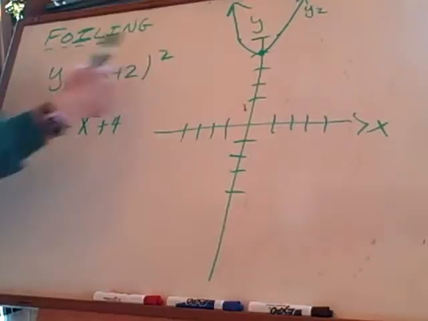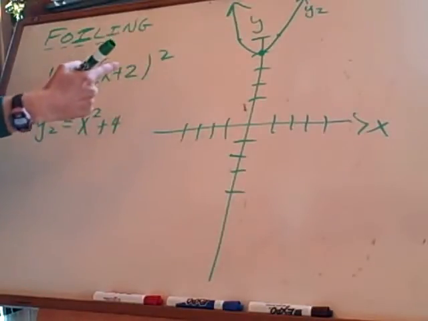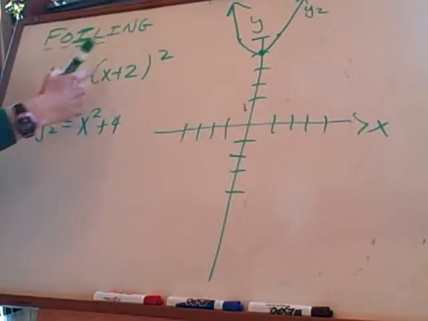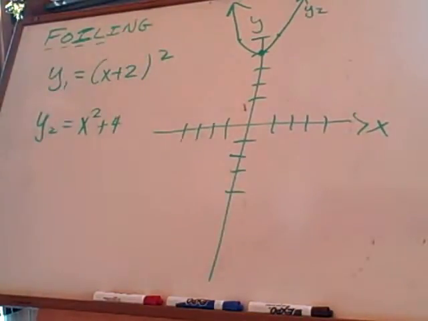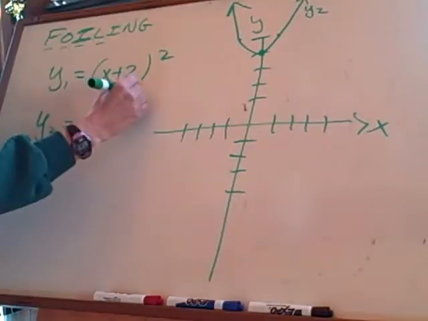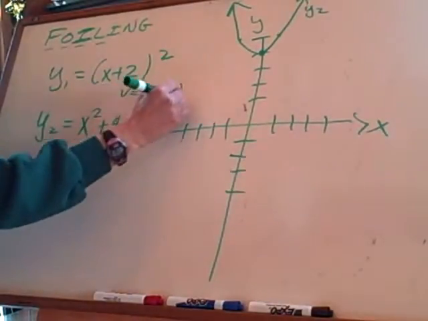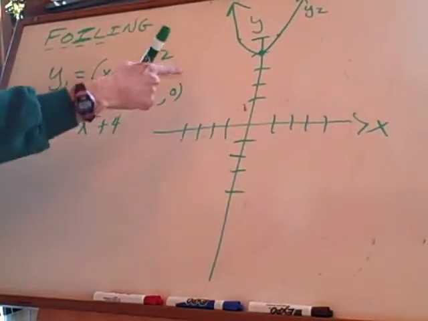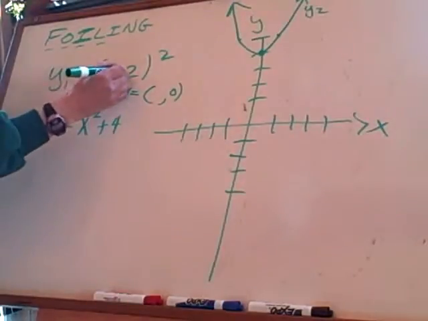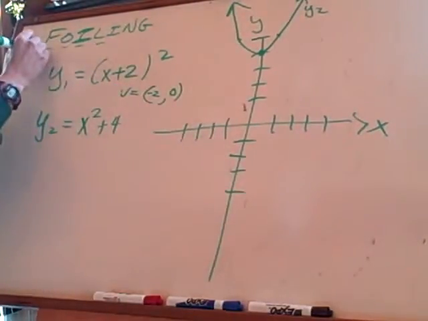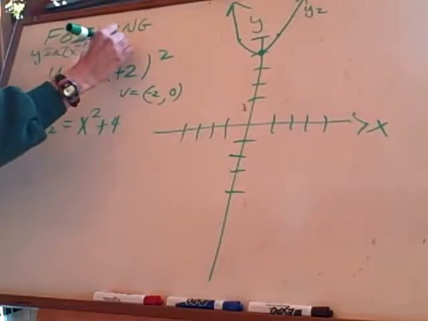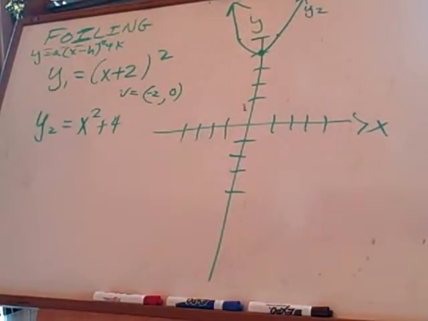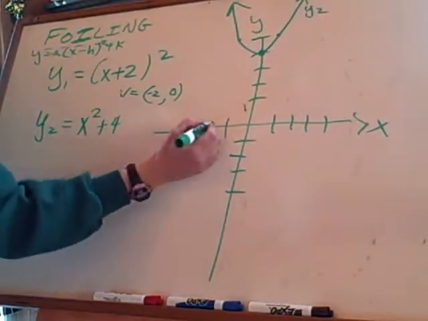Now if you look at this, this is kind of in what we thought of as vertex form. Our A is 1, and our K is 0. So where is the vertex on this one? 0 is my K, which is my y value. It's -2, remember, because it's y equals A times (x minus h) quantity squared plus K. It's a little hard to see that it's in vertex form, but my vertex is going to be at -2, 0.